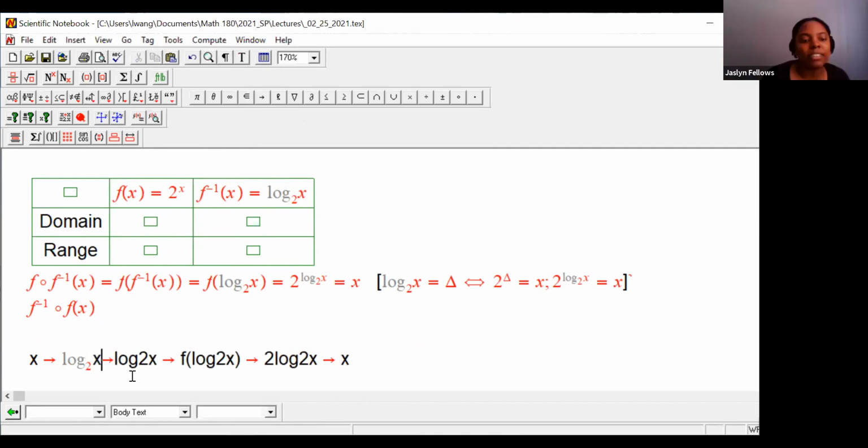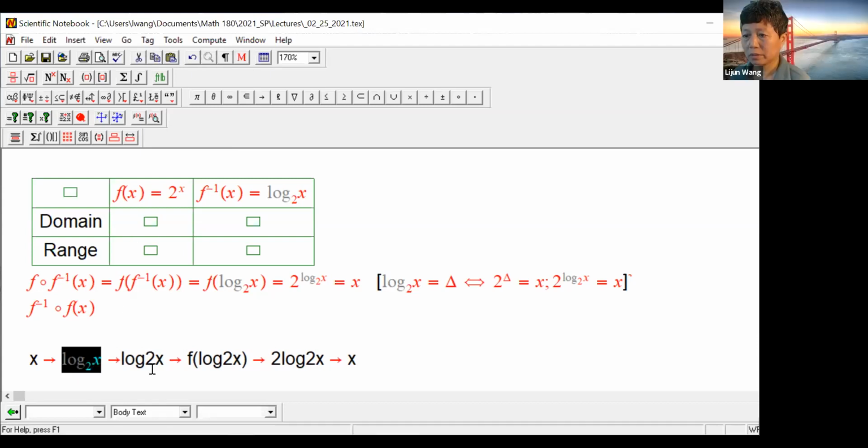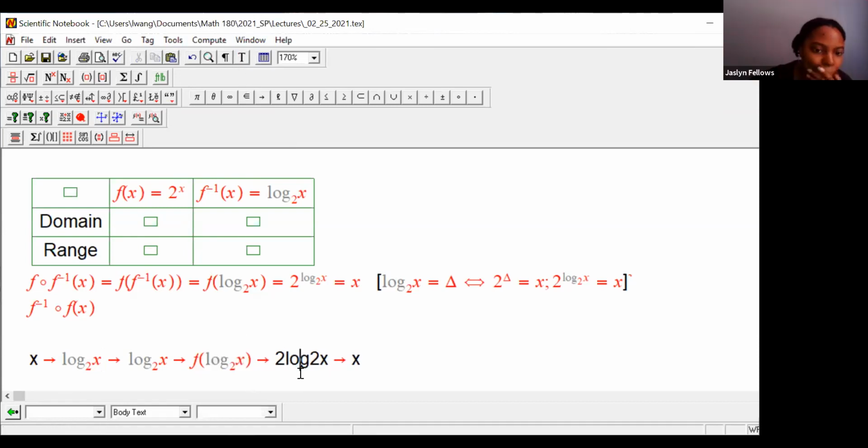Yes. Log base 2 x. Thank you for sharing.